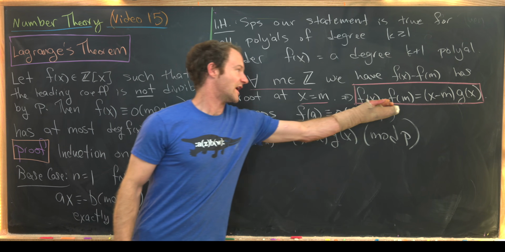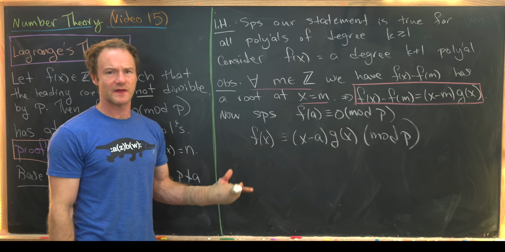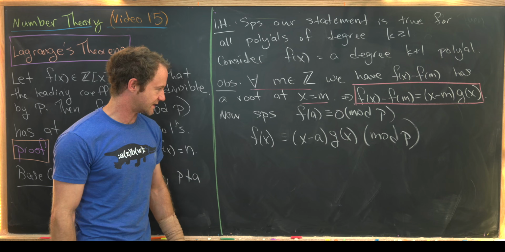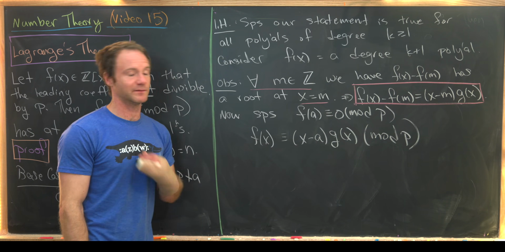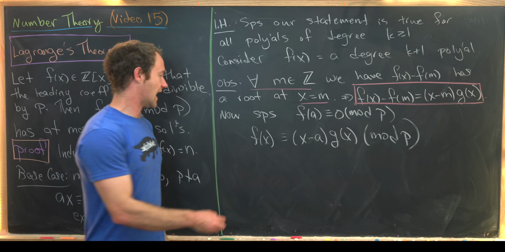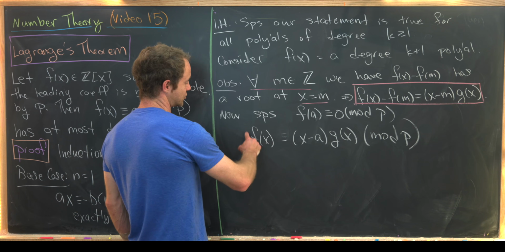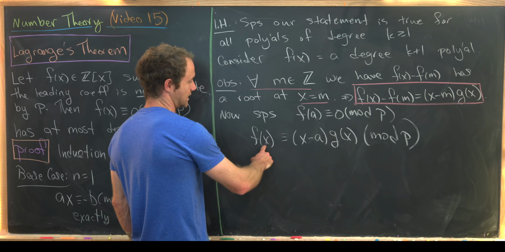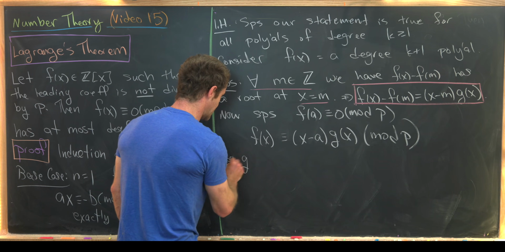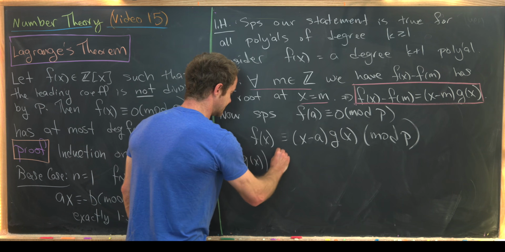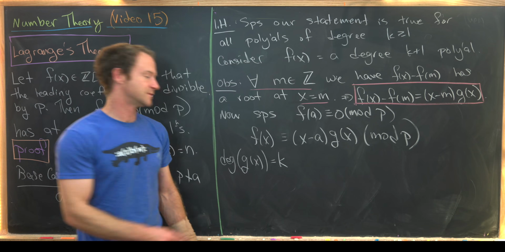Notice our f(a) term, which came from that f(m) with the m replaced with a, disappears because we're working mod p. That was our supposition up here. And then again, since the degree of f(x) is k plus 1, and this factor is degree 1, we have the degree of g(x) is equal to k.